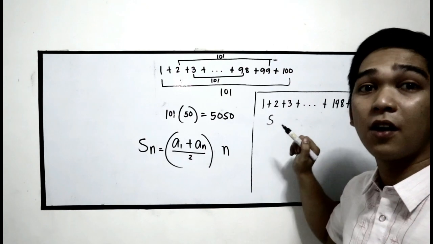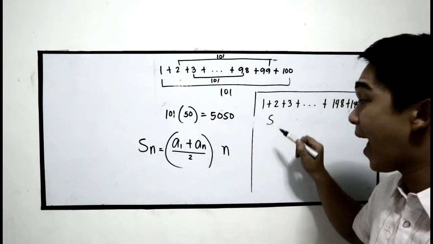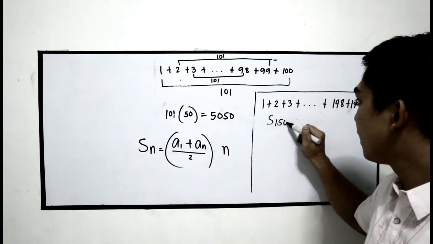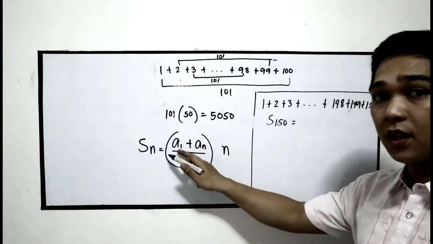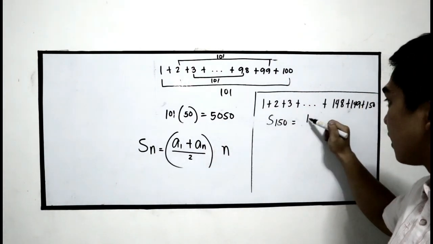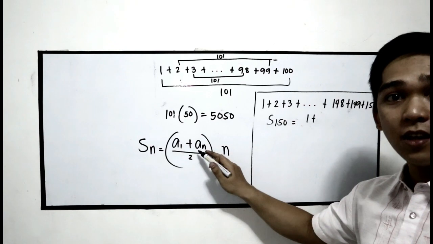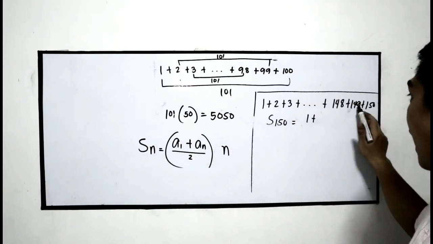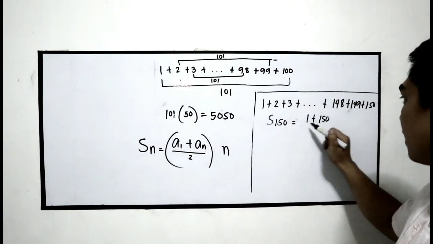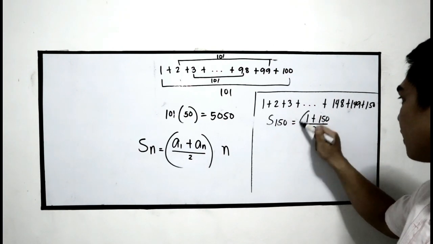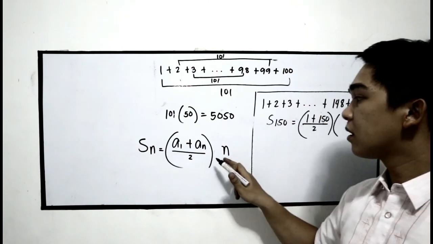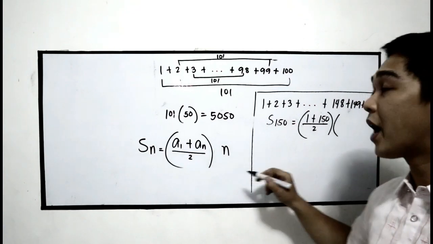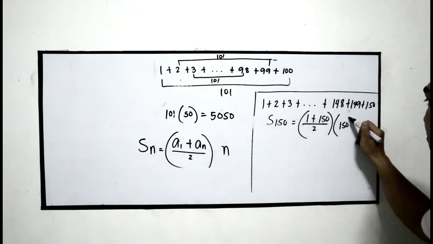Since we're looking for the 150 terms, S150 is equal to a1, which is 1, plus an, the last term, 150, divided by 2 times the number of terms, we have 150.